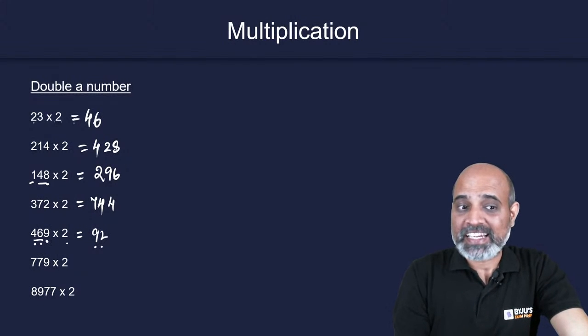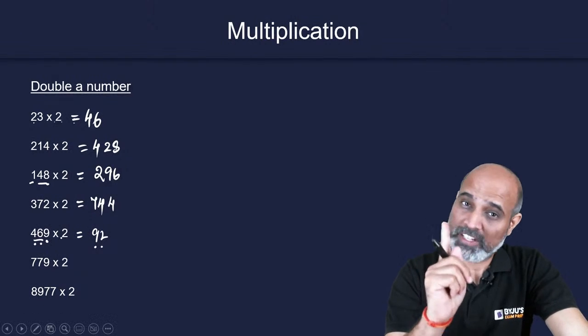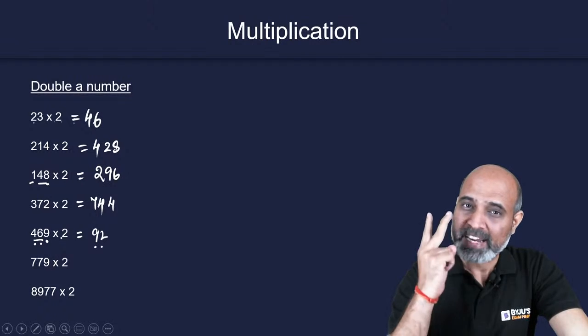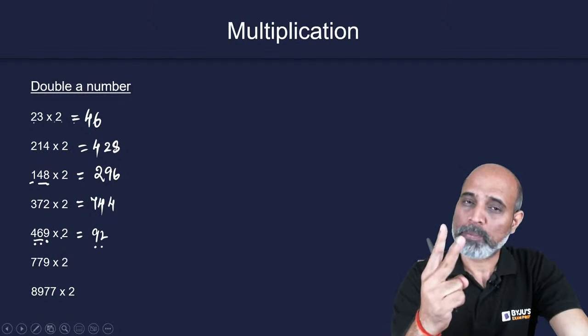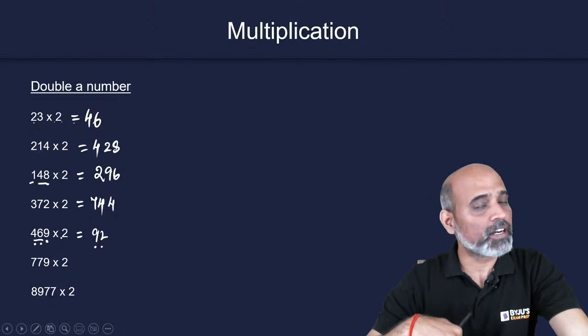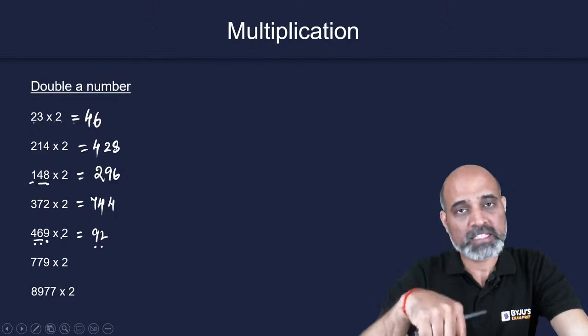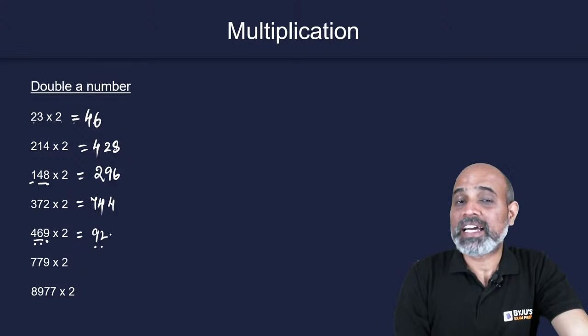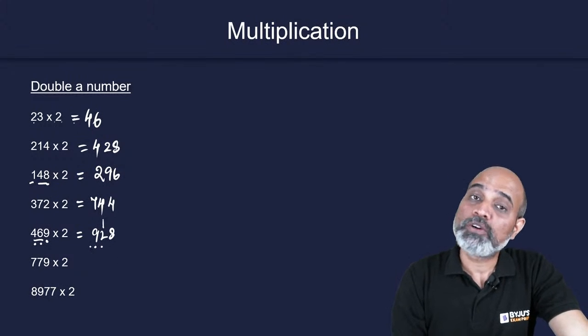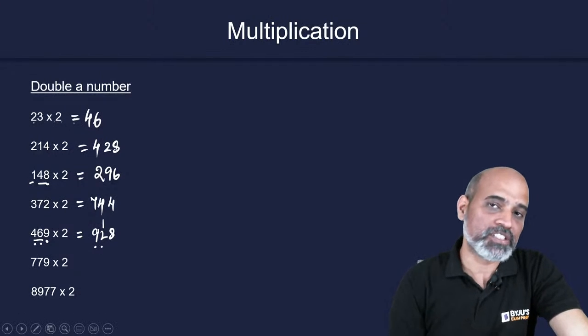Now, when I take the last digit, which is only a single digit, 9, and I double it, double of 9 is 18. So 9 is a single-digit number, but 18 is a 2-digit number. Problem, right? How do you write a single digit in 2 digits? Can't write. A single digit has to be written as a single digit. So for double of 9, the 8 of 18 will stay here and the 1 will go over to the previous digit.